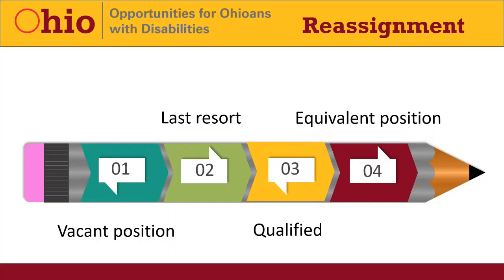So here is an example from the EEOC guidance for providing reassignment. A host at a restaurant can no longer perform the essential function of escorting diners to their seats due to a disability which requires him to remain mostly sedentary. However, he is qualified to perform the essential functions of a vacant cashier position, which has the same salary.